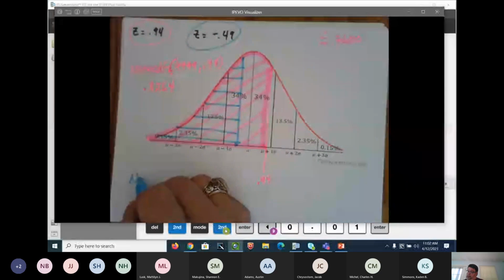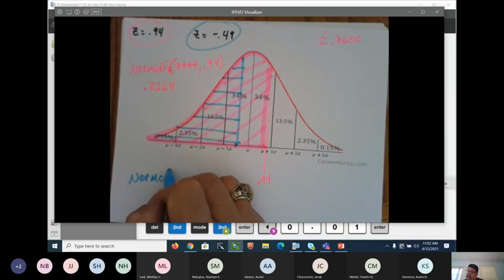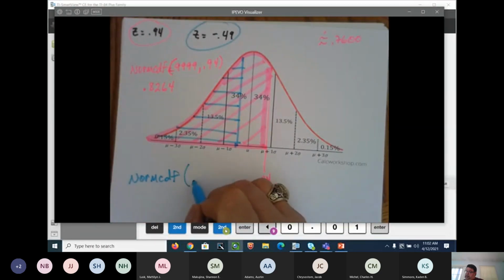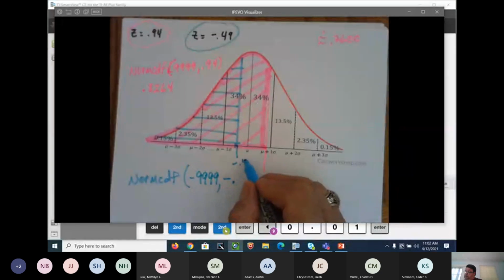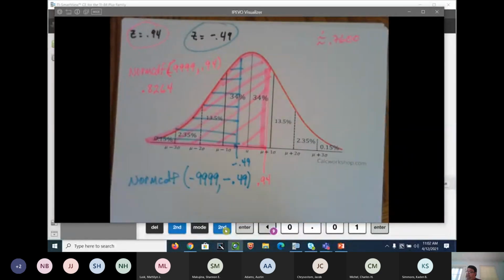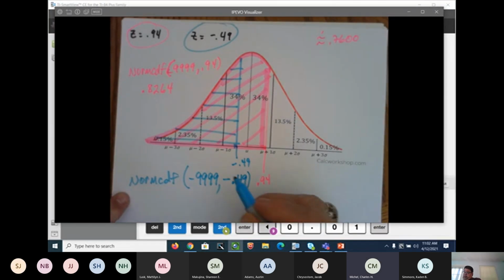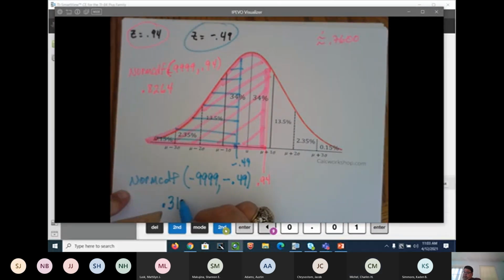So normal CDF, negative 9999 to negative 0.49. Somebody give me that number, please. I got 0.3121. And that's how you do those problems.